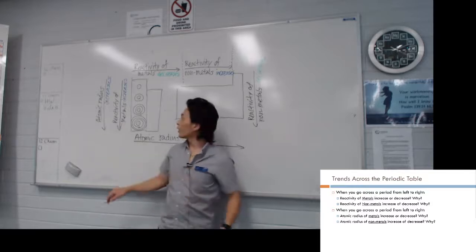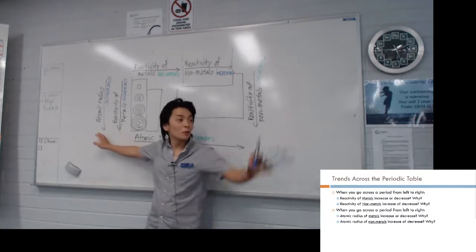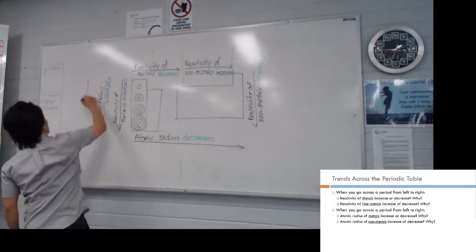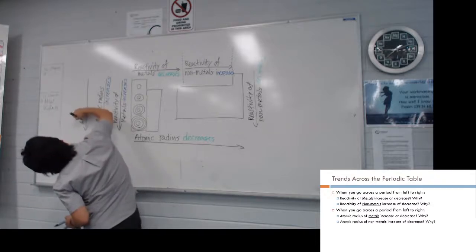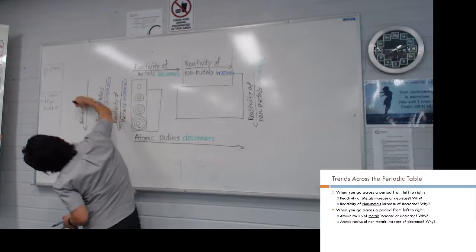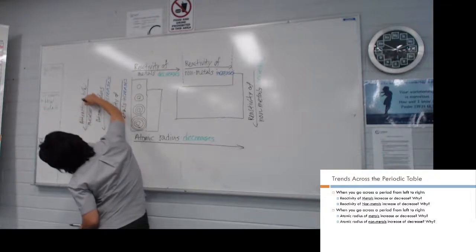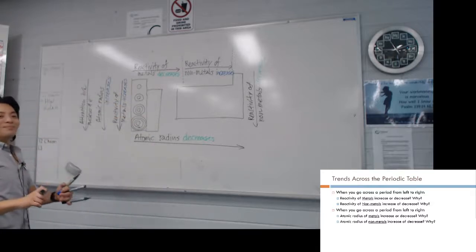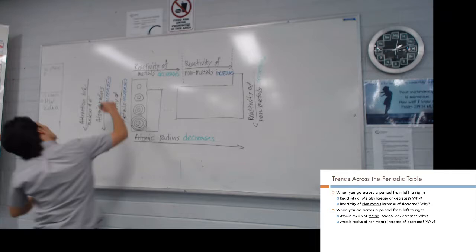We can even add to that: reactivity of metals increases because atomic radius increases, which means, as Rebecca was saying, attraction between nucleus and electron decreases.